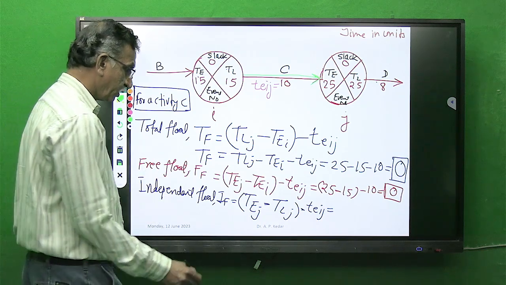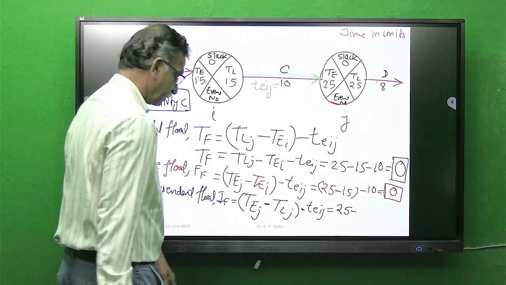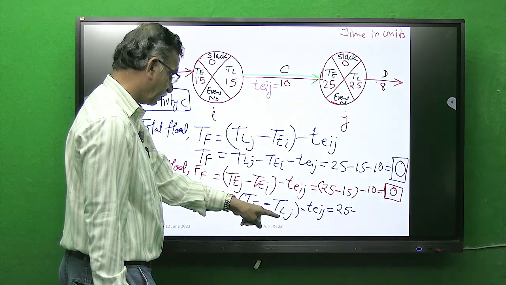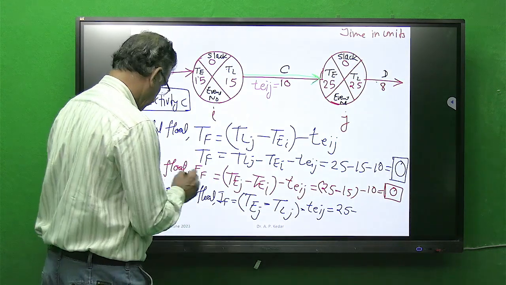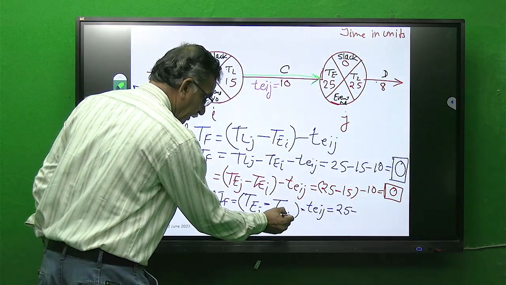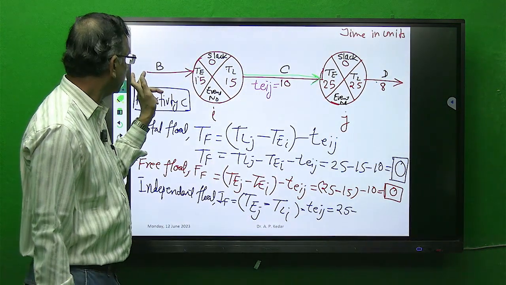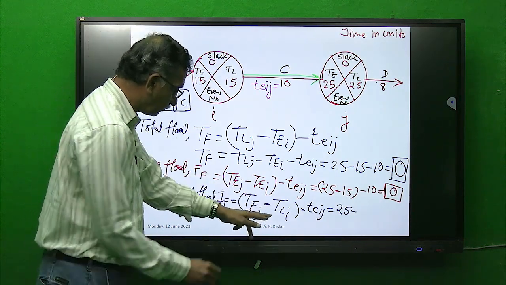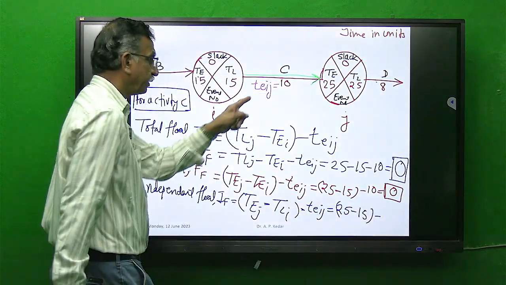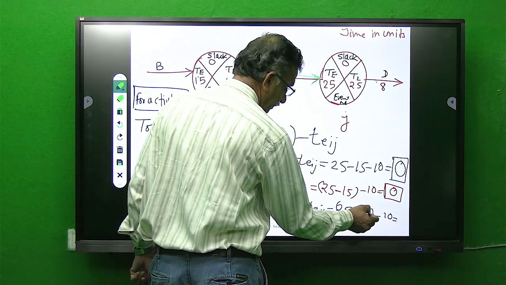Independent float. So here it will be T E J is 25 minus T L, this should be I. T E J 25 minus predecessor latest time T L of I, that is 15, minus activity time 10. 25 minus 15, 10 minus 10, 0.